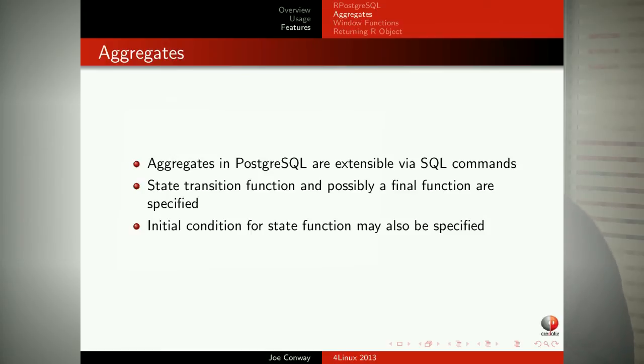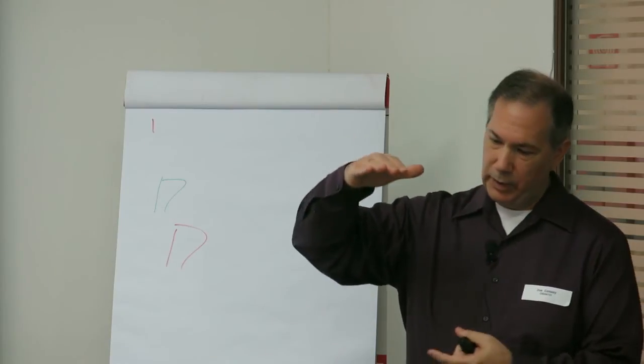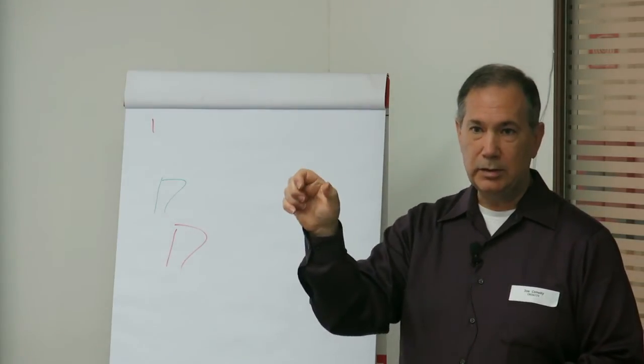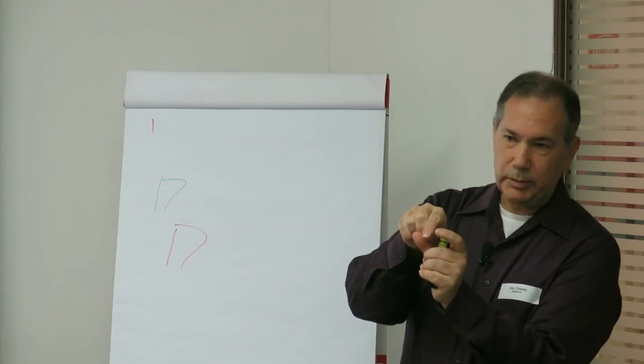So in Postgres, you can define your own aggregate by using what's called a state transition function and optionally, possibly, a final function. And the way it works is for every row in a group, the state transition function gets called with the column that you supplied.